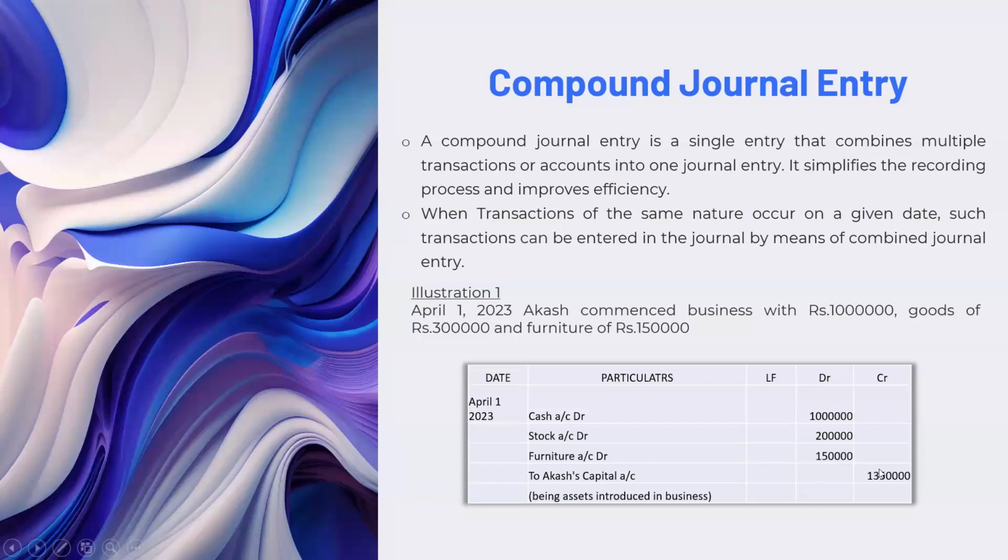If you add up the total, it should be 13 lakh 50,000. That is 10 lakhs, which is the capital, 3 lakhs invested for purchasing the raw materials, that is the stock, and 1 lakh 50,000 for purchasing the furniture. Adding up everything, it comes to 13 lakh 50,000. So this is how the compound entry system works.